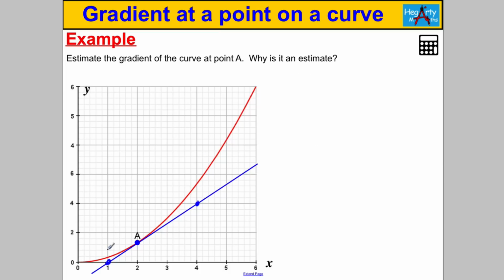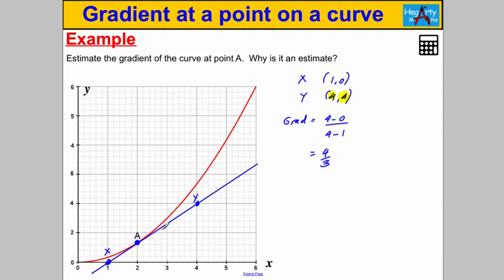So why don't we label these points here maybe X and Y, and X has coordinates 1, 0 and Y has coordinates 4, 4, and to work out the gradient we do the difference in Y's divided by the difference in X's. So start with the big Y, we do 4 take away 0, the number above it, divided by 4 take away 1. And that would give us the answer 4/3.